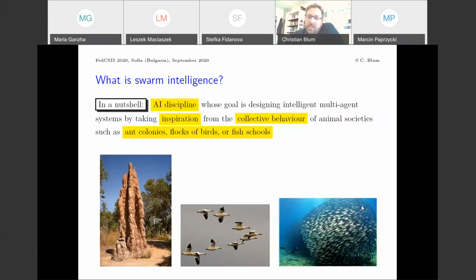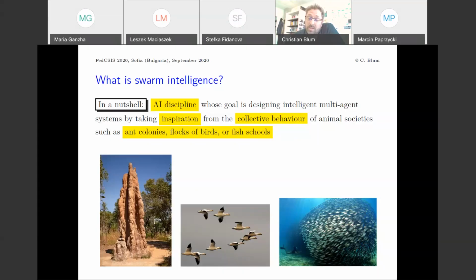The third example is a fish school. For sure you have seen it live in the best case, or you have seen videos or films about fish schools. They all seem to be moving or reacting at the same time, moving to the same direction. It is very nice to look at.